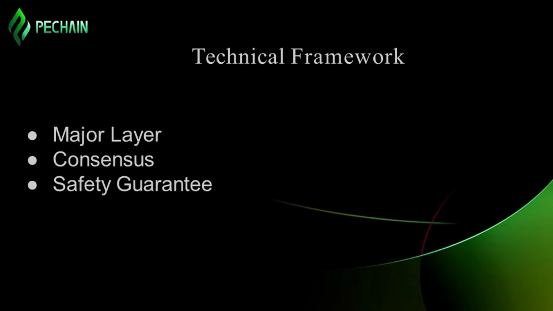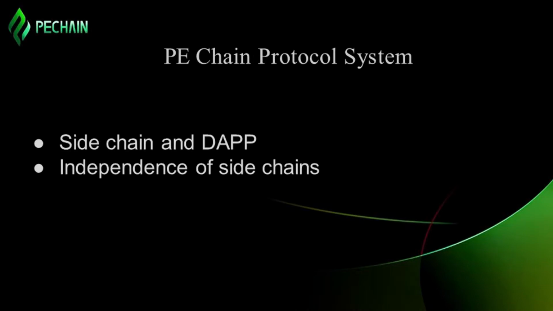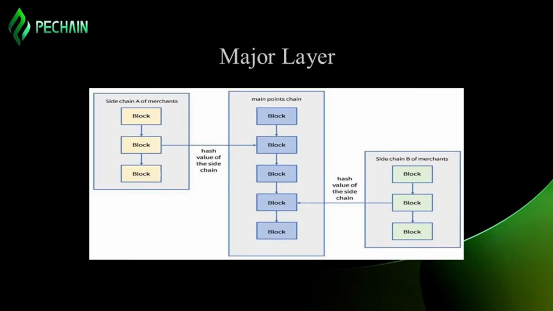So these are the multiple layers. There are consensus mechanisms, safety guarantees, sidechain, DApp, so all the usual stuff. But you can see at the high level, there's the main chain, which essentially carries the main blocks storing hash values from the independent side chains.